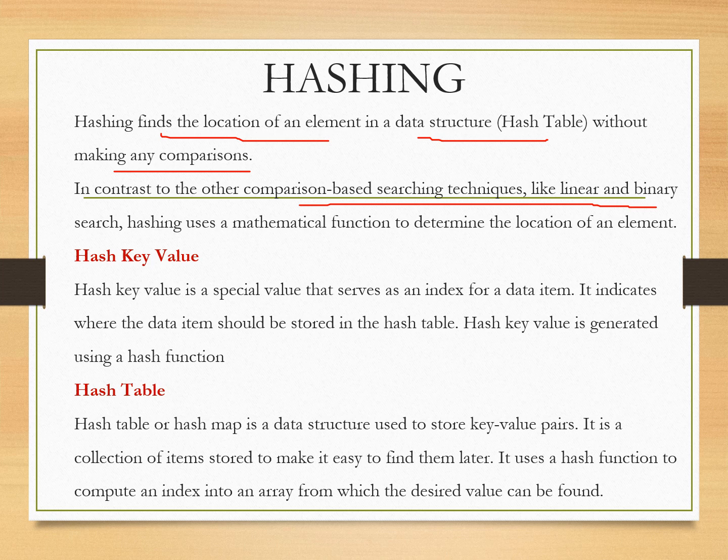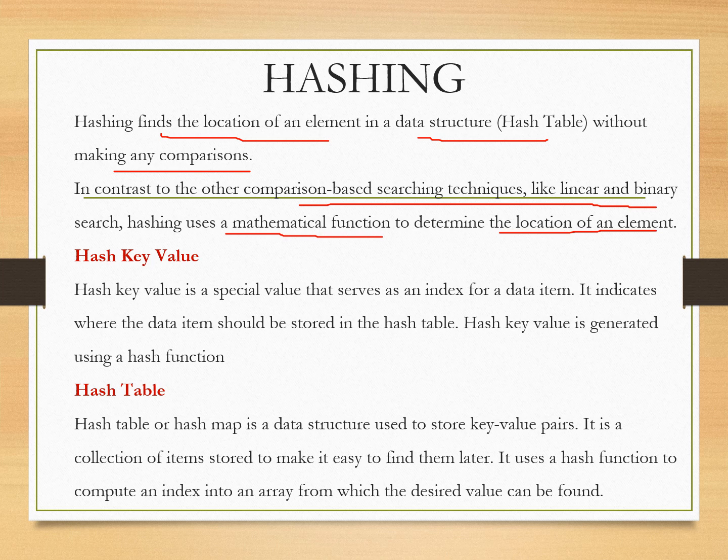If the data that you want to insert is lesser than the root, then you will go to the left hand side. If it is greater than the root, then you will go to the right hand side. This is how we proceeded, whether it is insertion or searching. Such comparison is not done in hashing. So without any comparison, you can search for the location of an element, and hashing exclusively uses a mathematical function called hash function to determine the location.